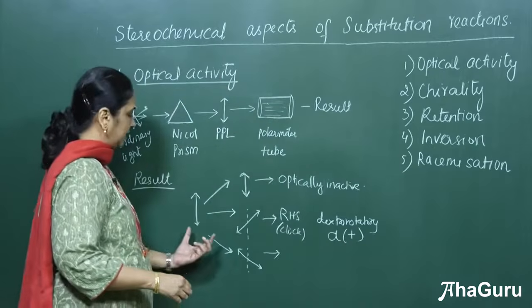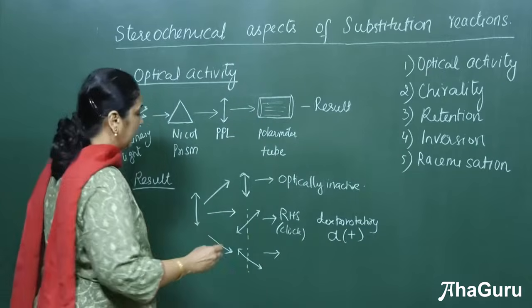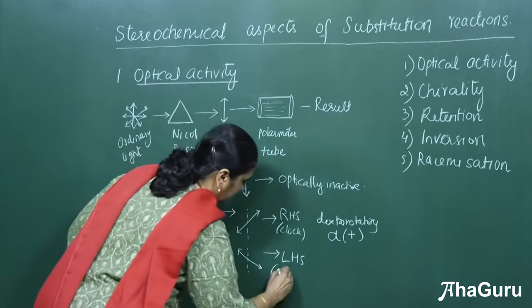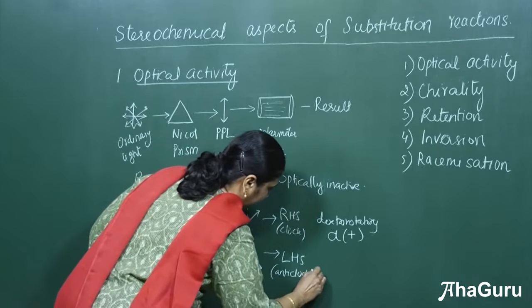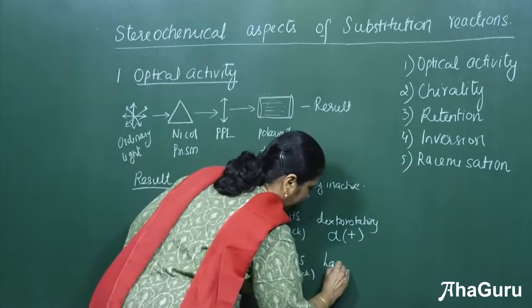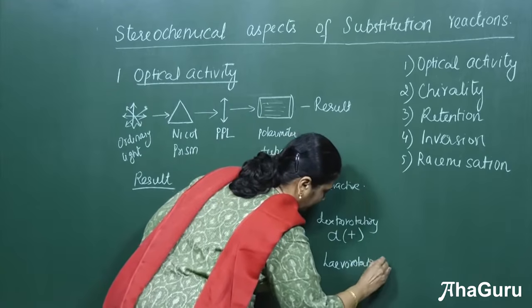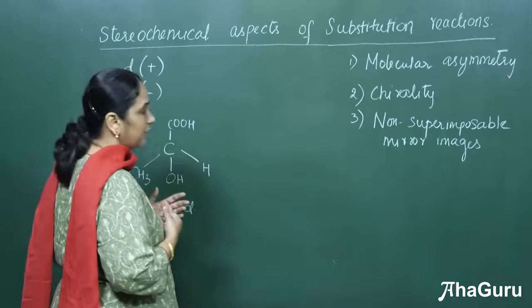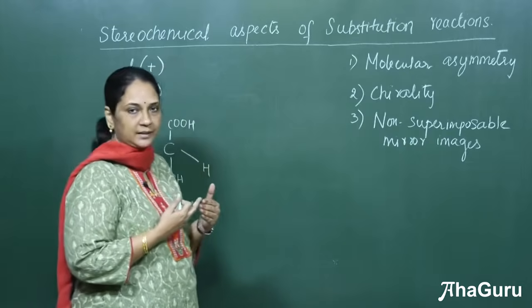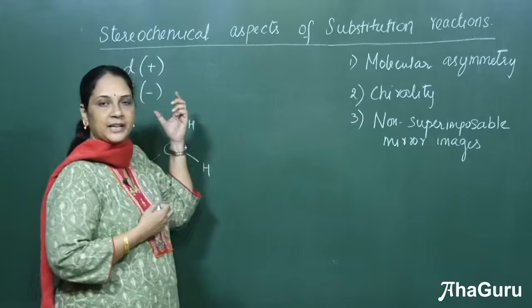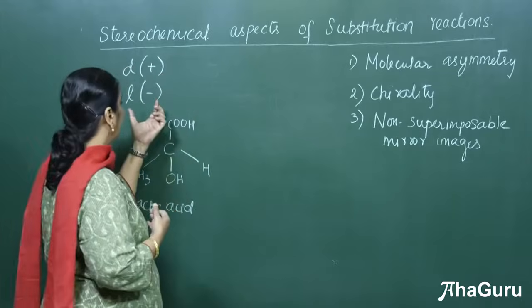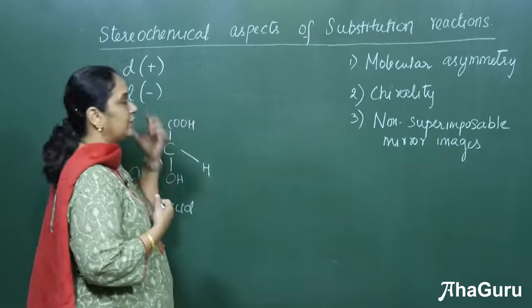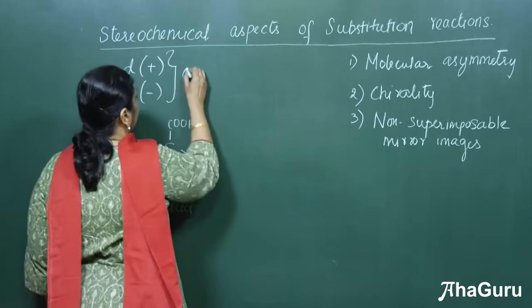If the plane polarized light turns towards the left hand side, the anti-clockwise direction, we call such compounds levorotatory, and we give the symbol L or a negative sign. Such compounds are optically active.